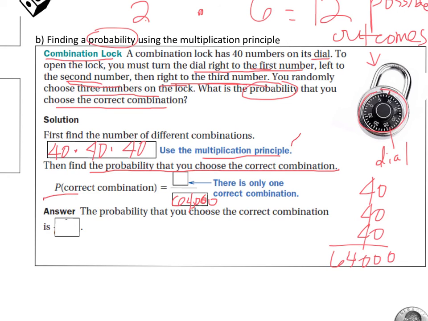So there's only one possible chance of getting it right. So the numerator has to be 1. So the answer is, the probability that you choose the correct combination is 1 out of 64,000. And that's it for our lesson.